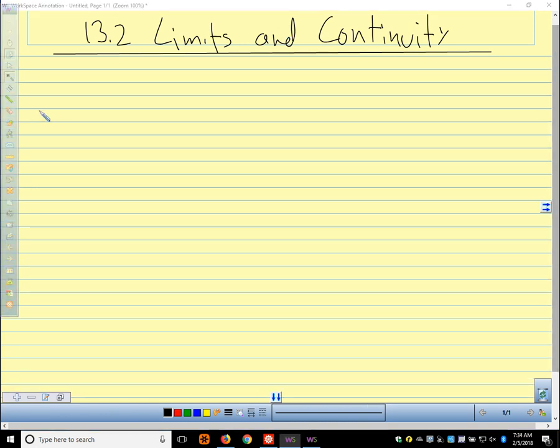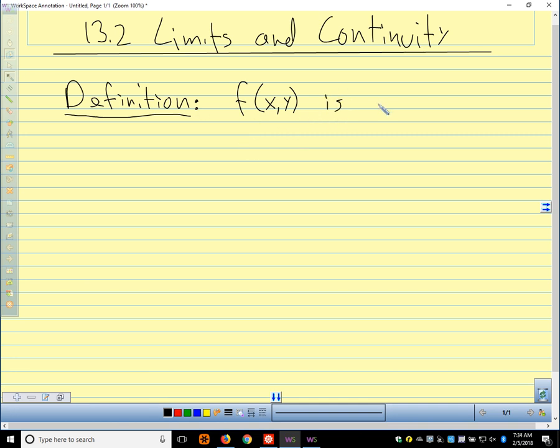So let's talk about our definition. It will sound familiar, and then we'll talk about what it means. We're going to say f of x, y is a function of two variables, and we just extend it the way you would expect.